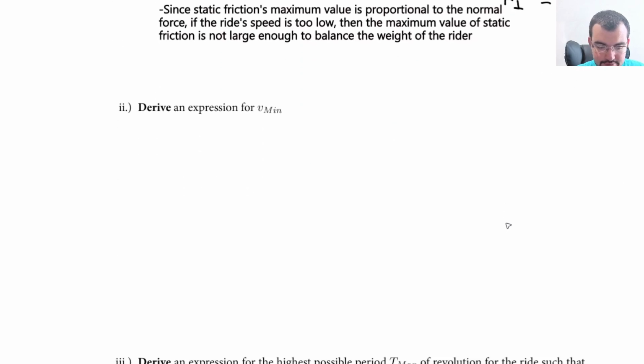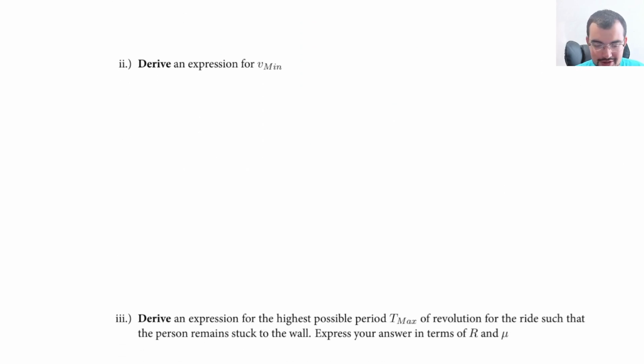Cool. So let's derive an expression for this minimum velocity that the ride needs to go. So we do know that the normal force is supplying the radial net force.